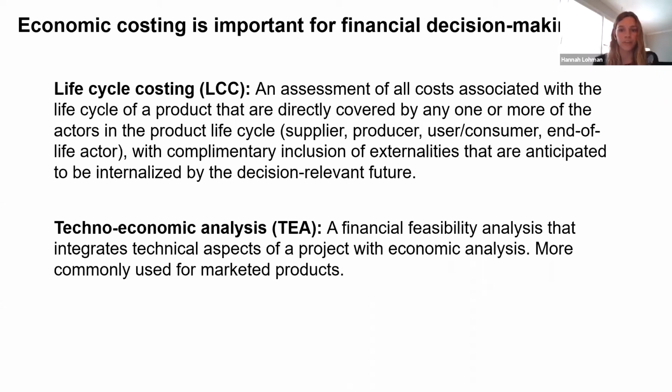So these would be the people that maybe are purchasing or using the product. And then the end of life actor. So that would be someone that would take the product after it's already reached the end of its useful life, and then they'll help dispose of it. And then you can also include the externalities that are anticipated to be internalized by the decision relevant future. So that's life cycle costing.